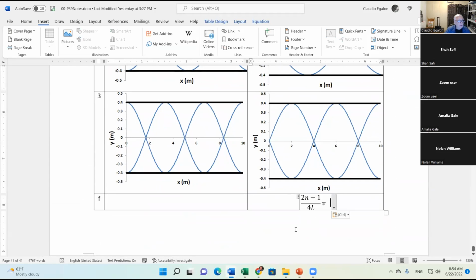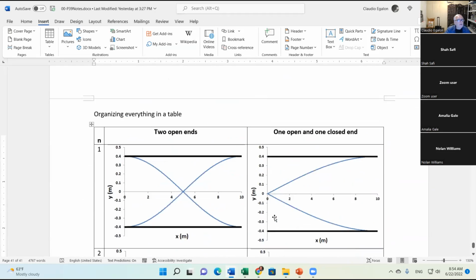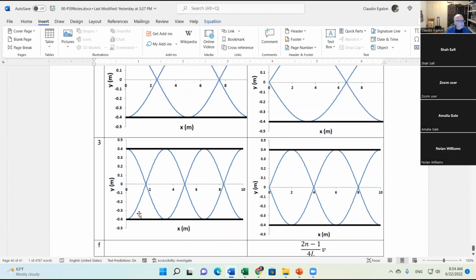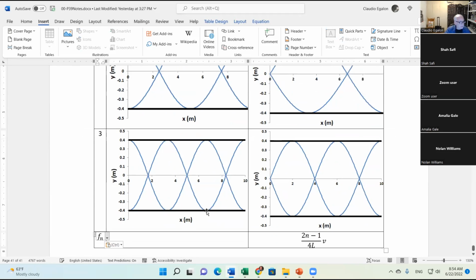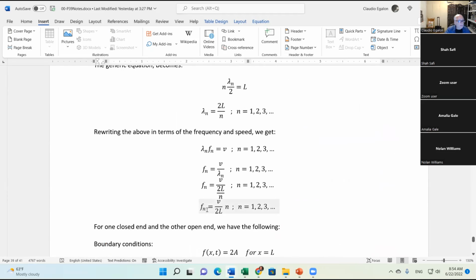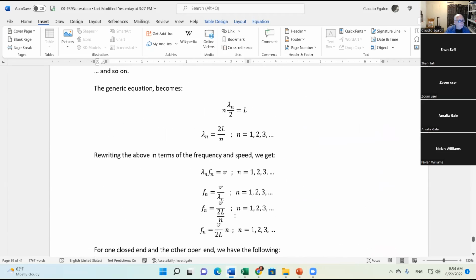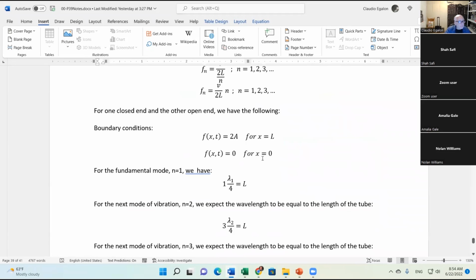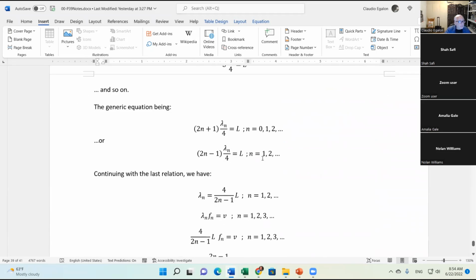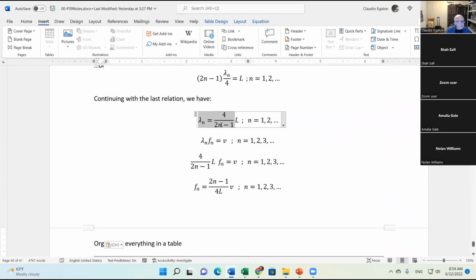Here you go, that's for the frequency. I'm going to put the f sub n. And the other one, the wavelength, lambda n.